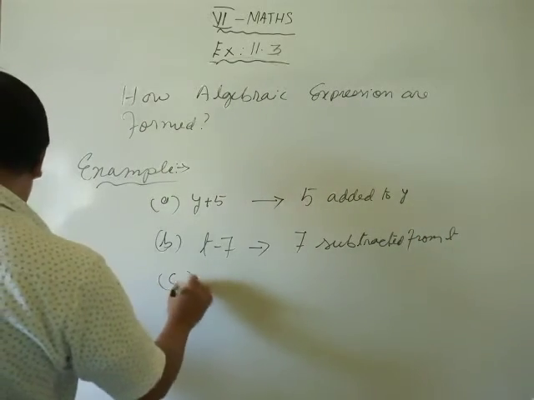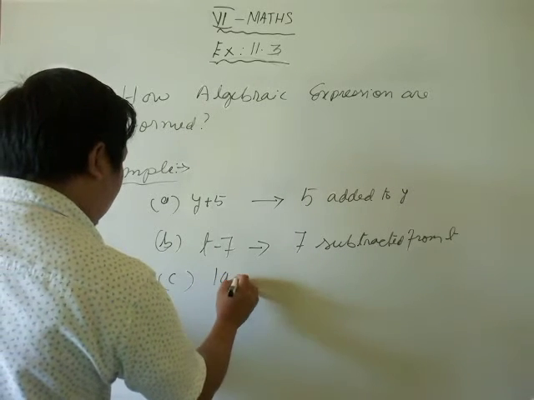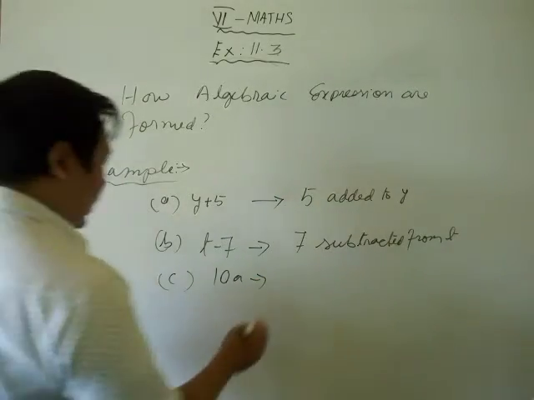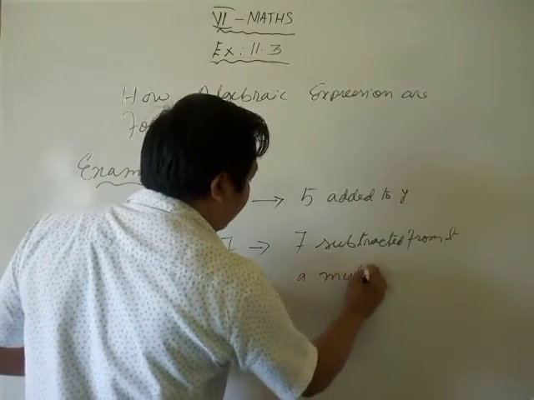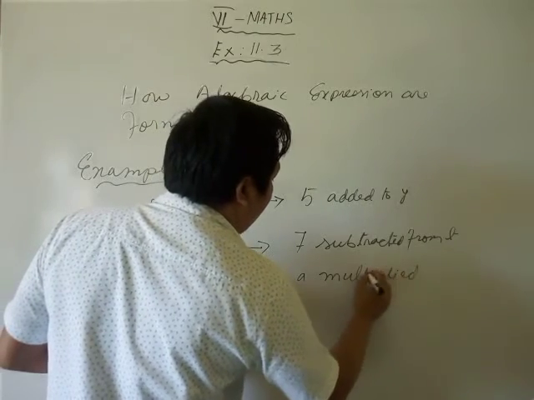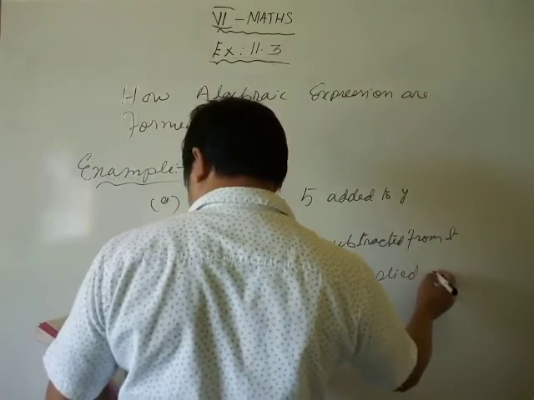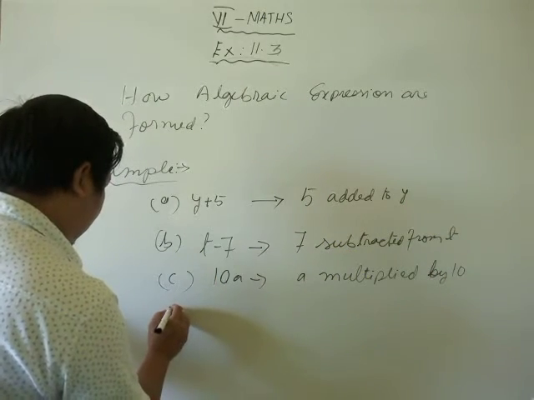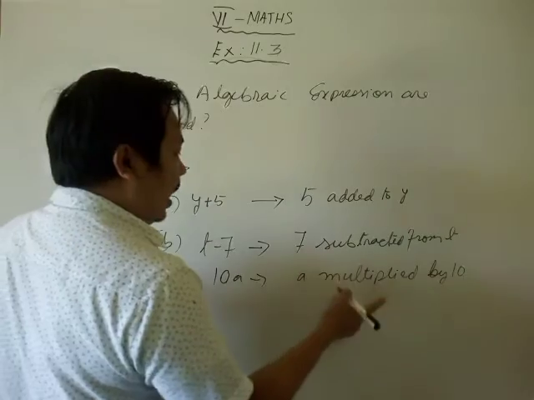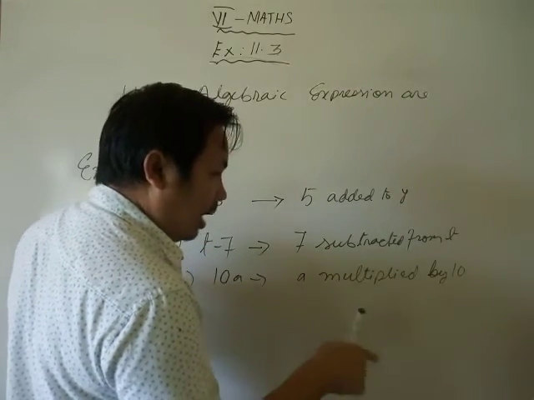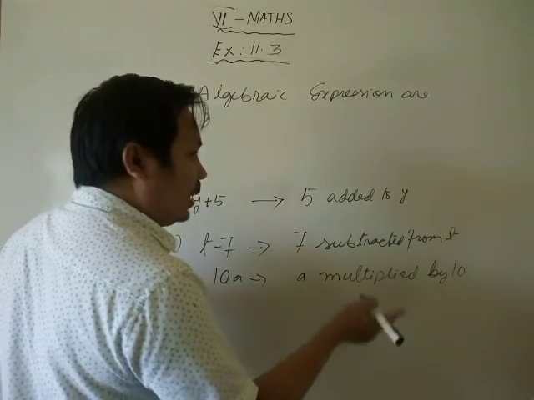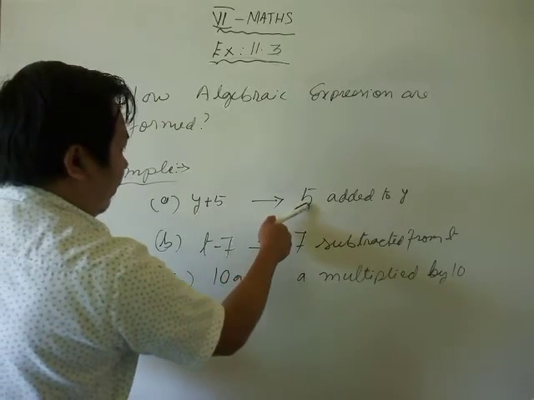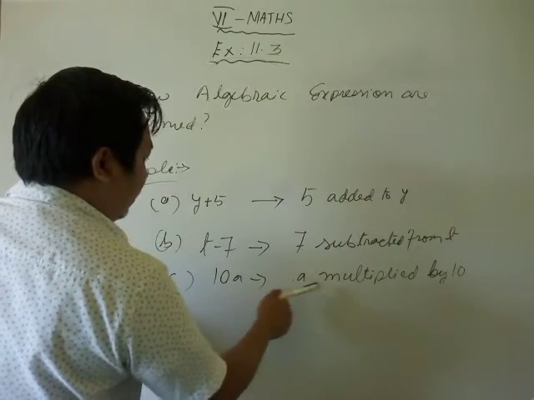Next, 10a: a multiplied by 10, or 10 times a. So this is how they are formed: 5 added to y, 7 subtracted from t, a multiplied by 10.